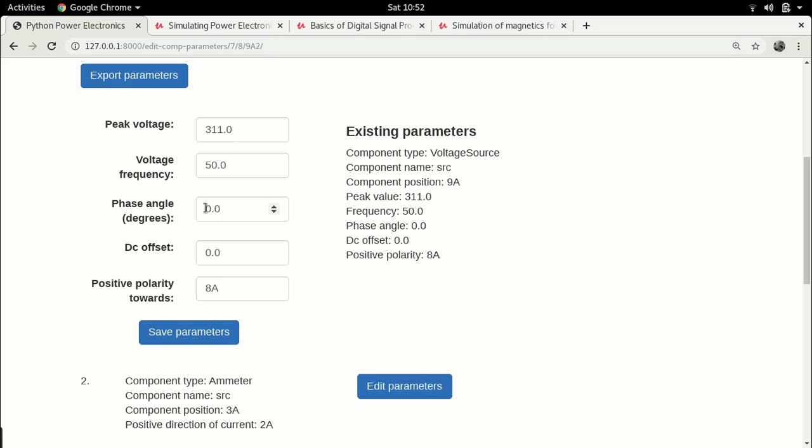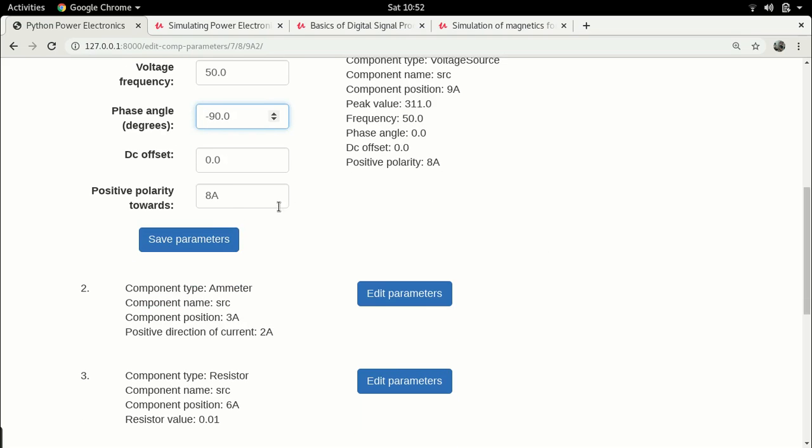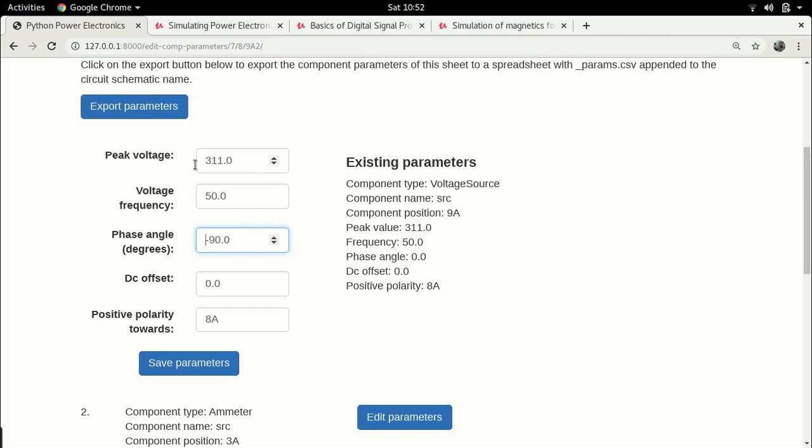So if I choose a phase angle of minus 90, now this becomes sine omega t minus 90 degrees, right? Now that means that I have a phase delay. Well, it should be sine omega t plus 90 degrees, because this is it. So if we have this particular phase angle, we now are simulating a cosinusoid.